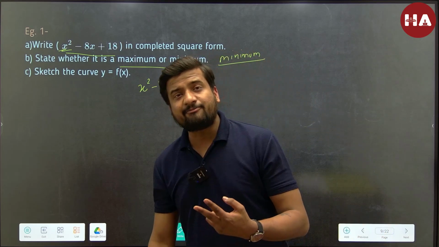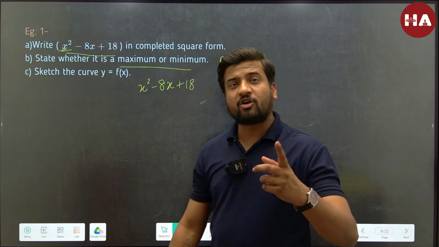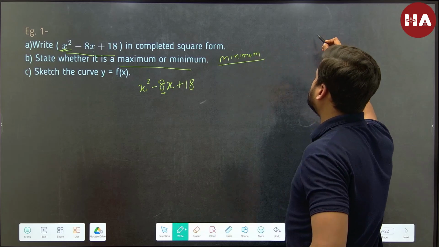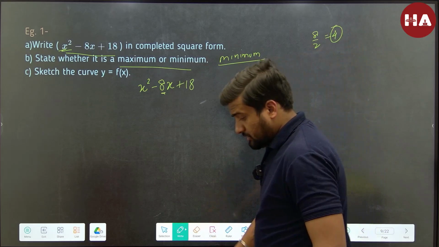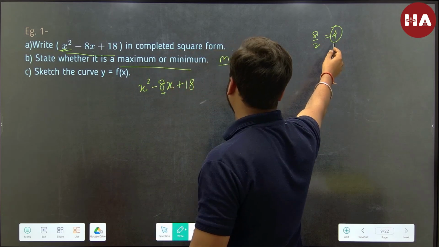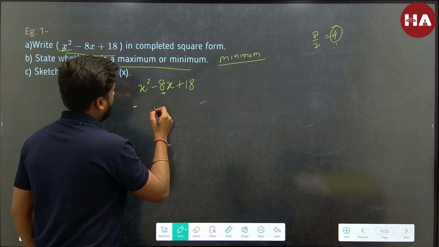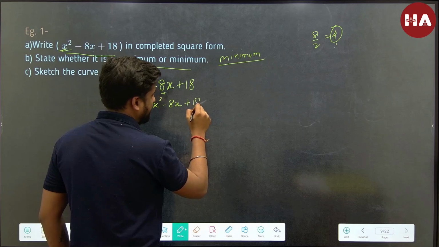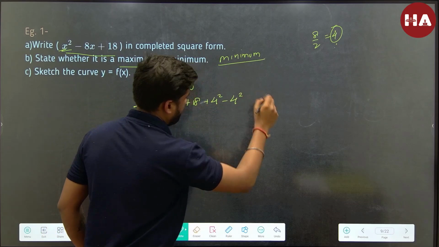My second step was to determine half of the coefficient of x. So half of the coefficient of x, that is 8 over 2, that is 4, right? So the third step was to add and subtract the square of it. So I'll be getting x square minus 8x plus 18 plus 4 squared minus 4 squared.